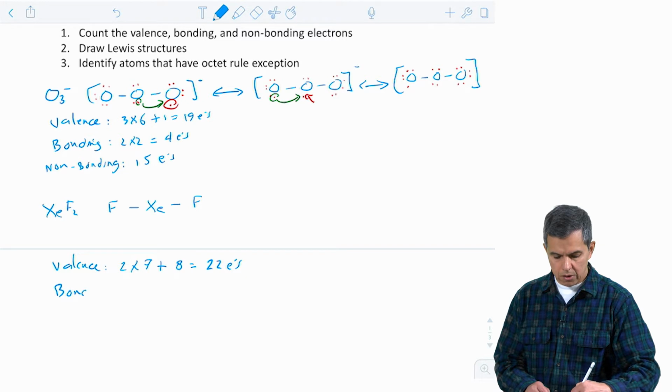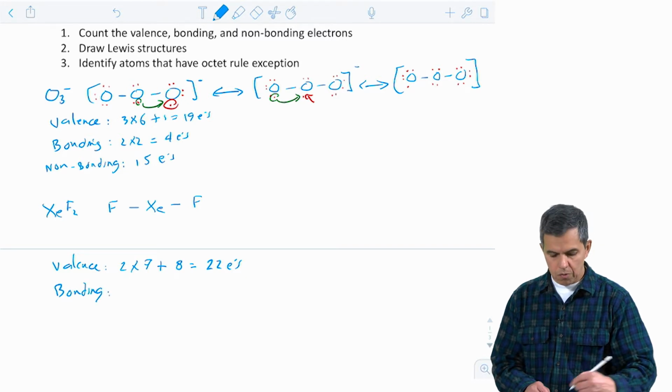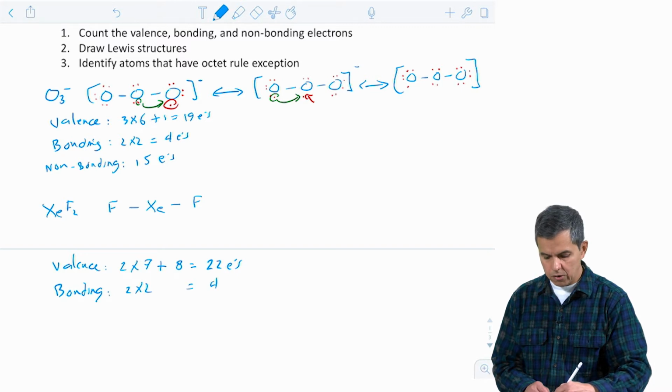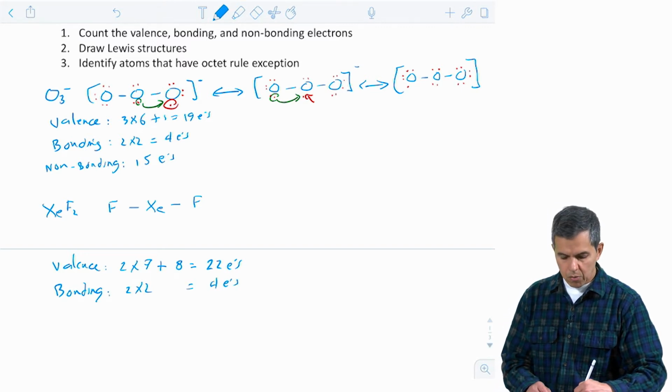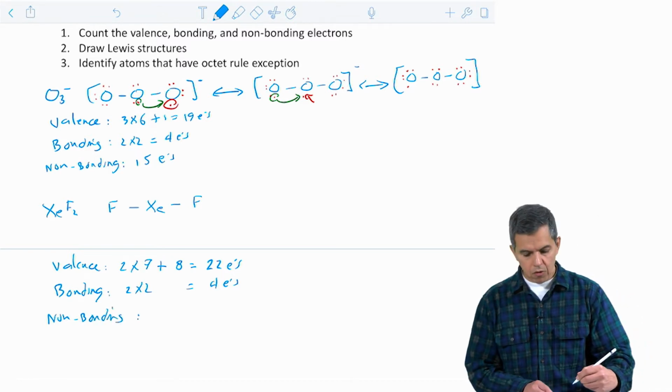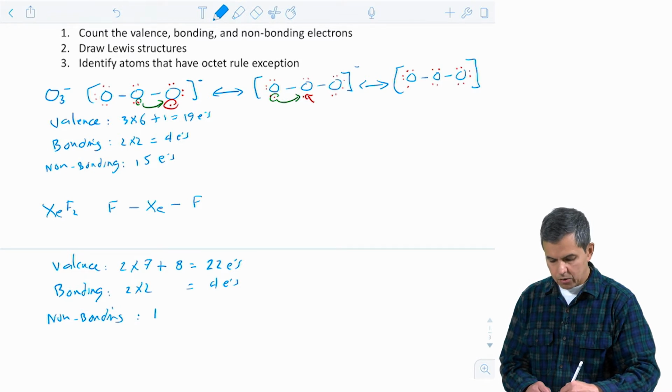Bonding electrons will be 2 bonds times 2, that's 4 electrons. The non-bonding electrons will be 22 minus 4, that's 18 electrons.